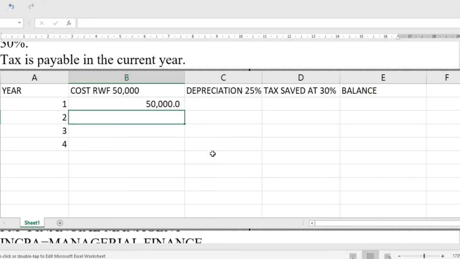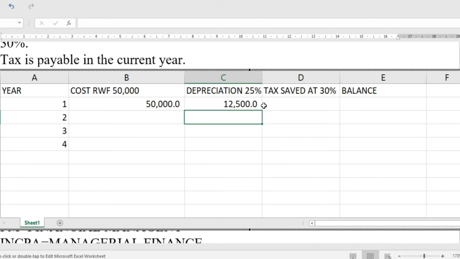Then depreciation at 25% of 50,000: you type equal 25% multiplied by this, which is equal to 12,500. This is depreciation.